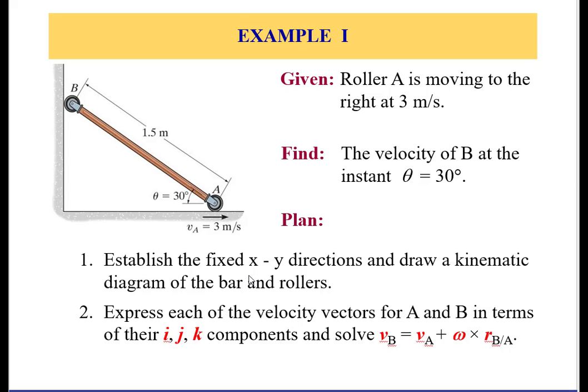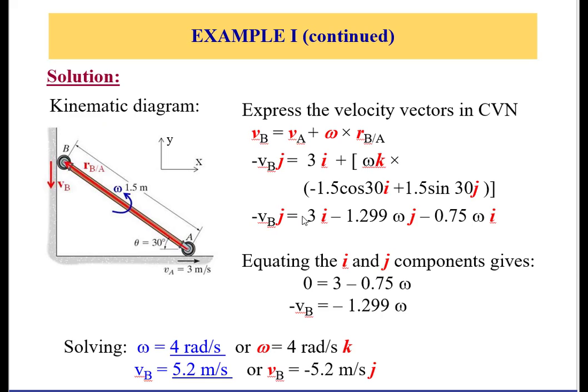Okay, so what is given to us is the base point A, or the velocity of point A, translation. We want to find the angular velocity of the link AB at an instant of 30 degrees. The first thing is to draw the kinematic diagram.